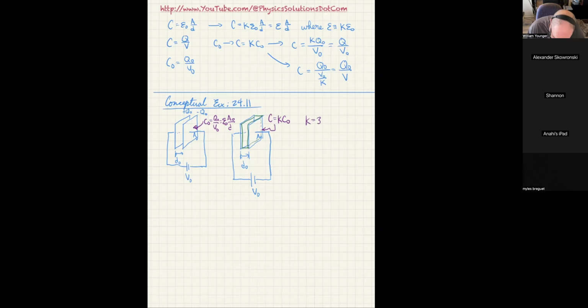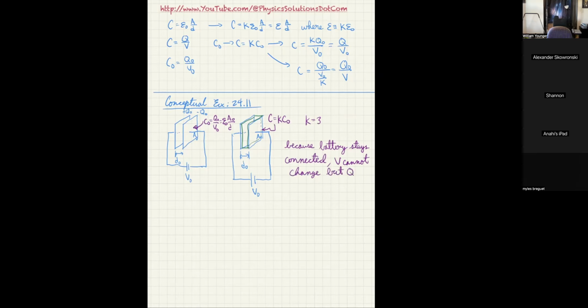Because we're keeping the battery connected, V cannot change, but Q can. So we're taking C0, which is equal to Q0 over V0, and that's going to go to C, which equals K times Q0 over V0.